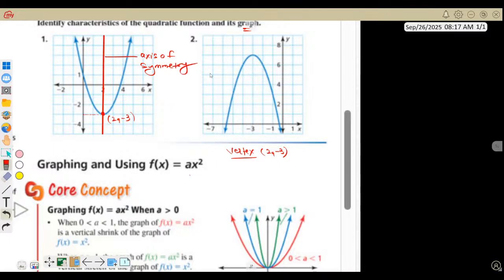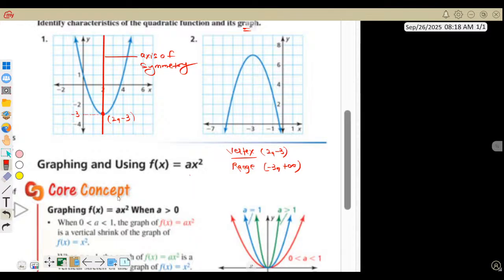Okay. And now you can say, what is the range of this function? You can see the minimum point is -3. So from -3 to no limit upward. Right or wrong? What is the domain?